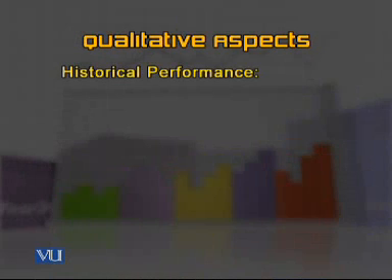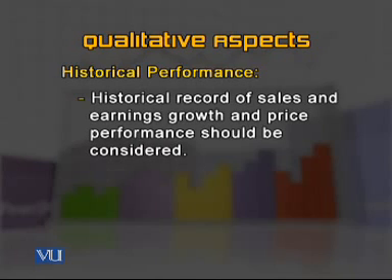Now, did we talk about qualitative aspects? There has to be a qualitative aspect as well. An aspect where we look at the historical performance of the industry. When we're talking about the historical performance, we're talking about historical record of sales and earning growth as a qualitative aspect of an industry.